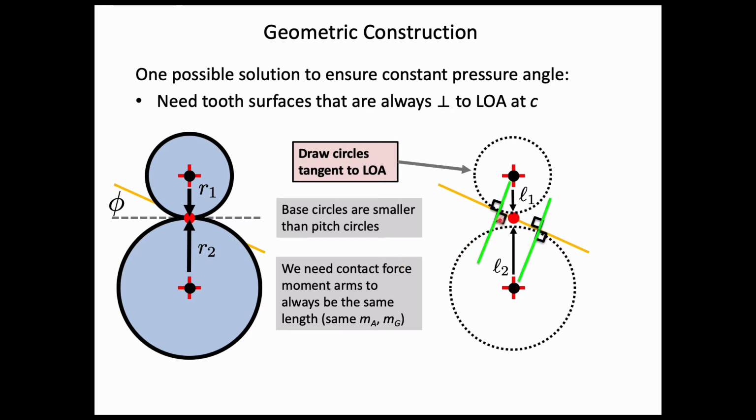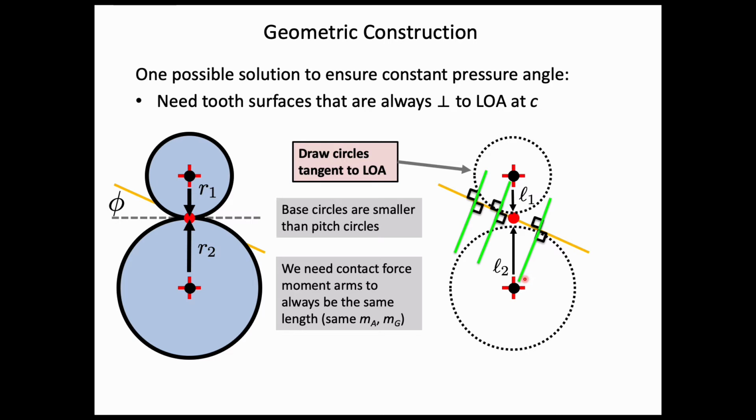Here we are representing multiple contact points. Suppose we have a contact point right here and another contact point right here, and at each of these contact points we identify the moment arm for the contact point forces acting about the center of each gear.